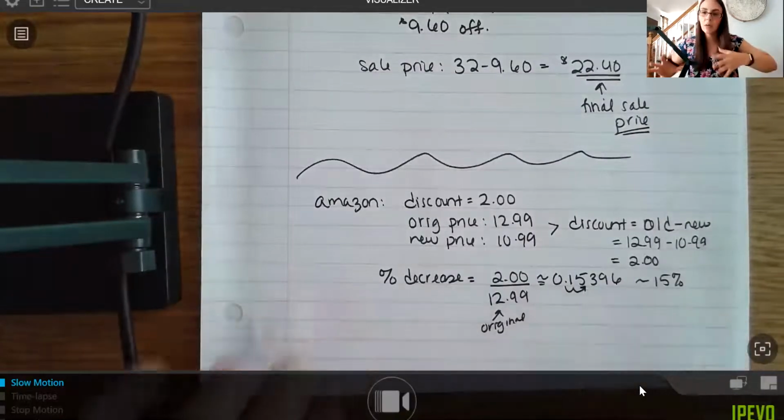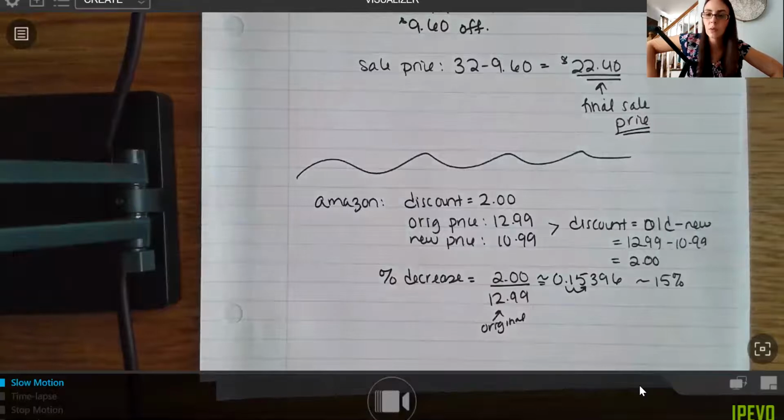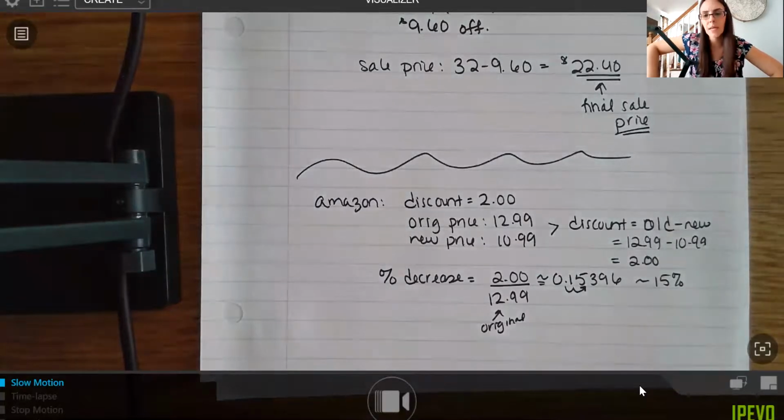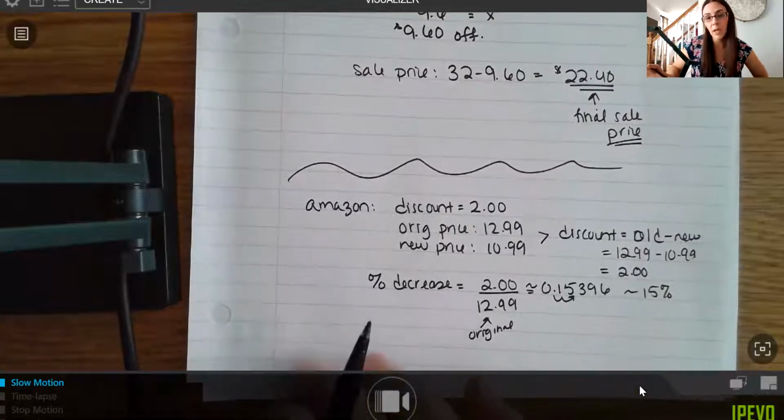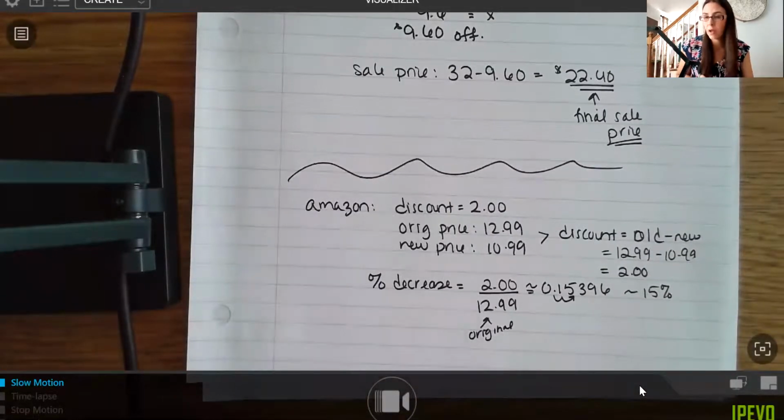So just a little side note, these are things that we use in the real world. And a lot of times, a lot of websites or stores may calculate some of this for you. It's a little bit harder in store. Sometimes they do have the stickers on there, but they don't always have the final price on there. But a lot of online websites will. I know Amazon does for a lot of their items, eBay does for a lot of their items, and so on. So just something to watch out for as you're going through your shopping.